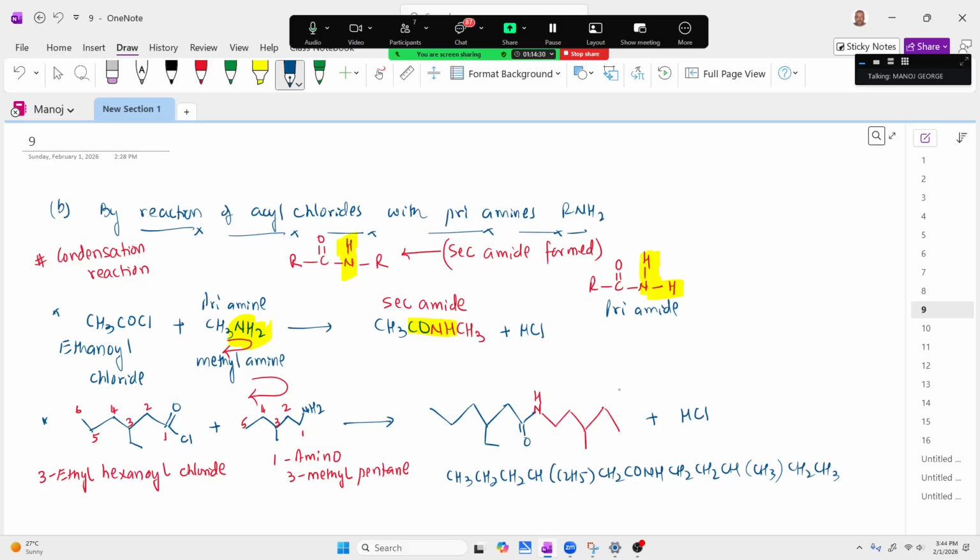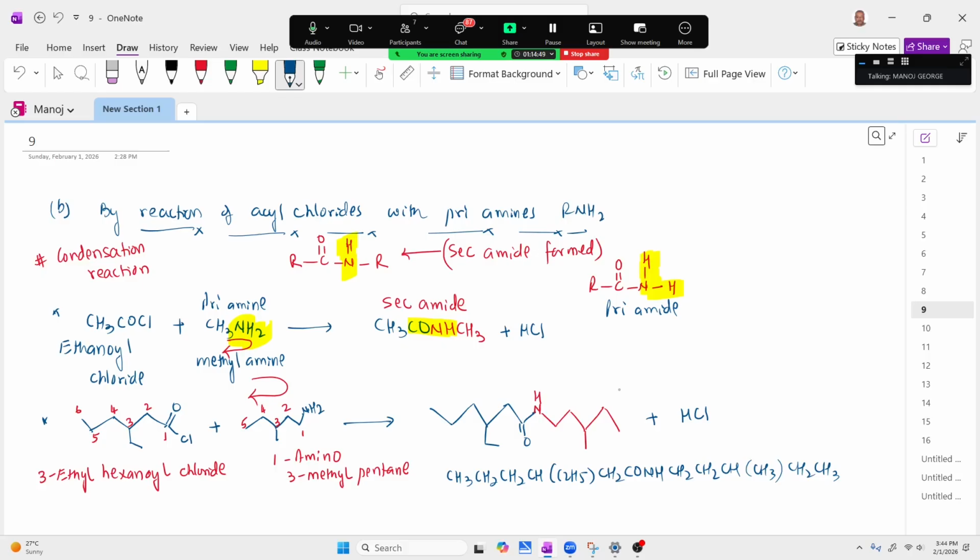Could you please confirm if my structural formula is correct? Guys, please confirm. Is that correct? Okay then.